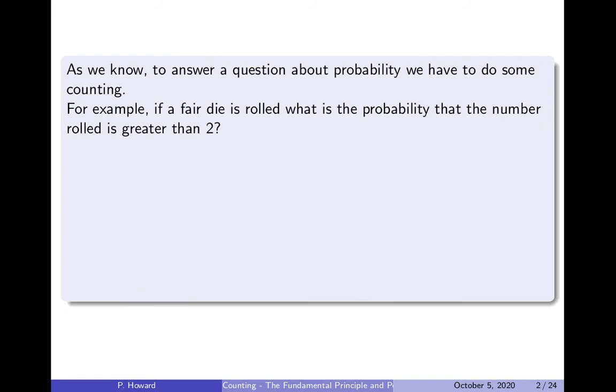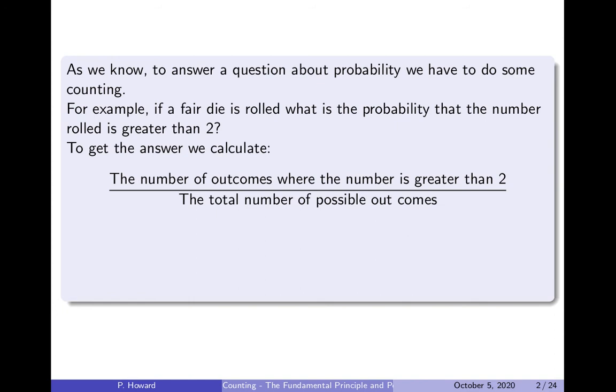If we want to know the probability that the number rolled is greater than 2, we have to calculate a fraction: the number of outcomes where the number rolled is greater than 2, divided by the total number of possible outcomes. So finding both of those numbers involves some simple counting.